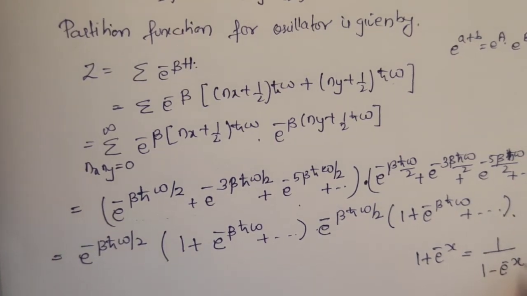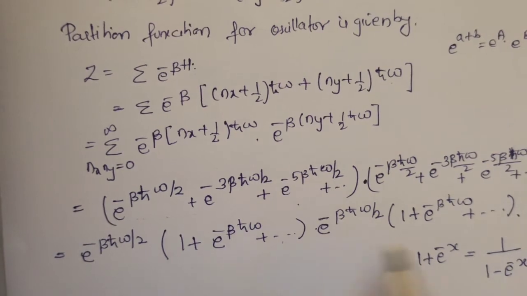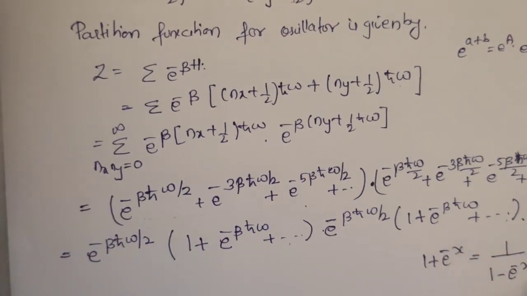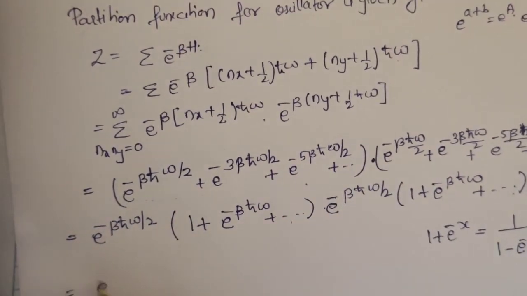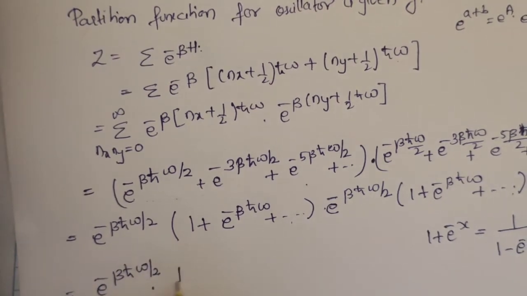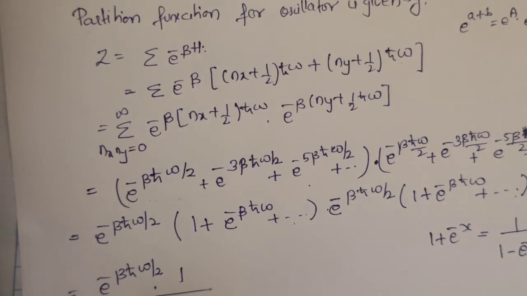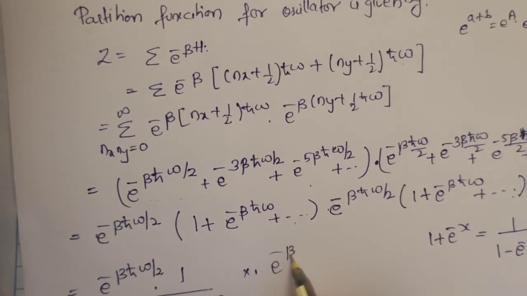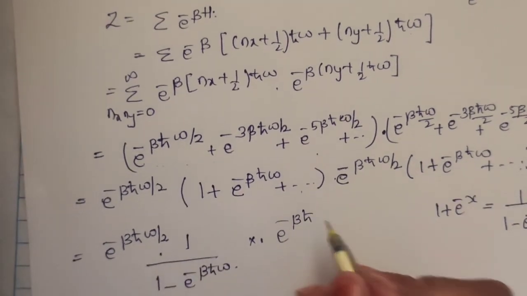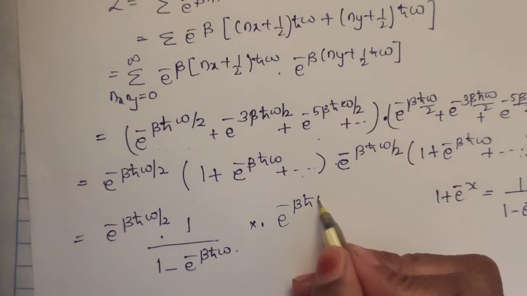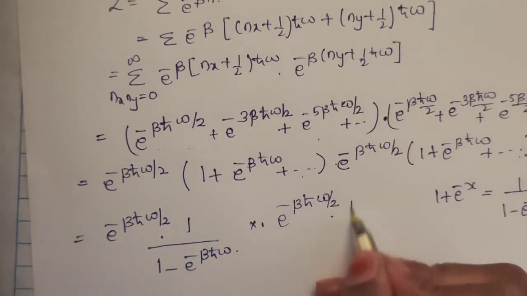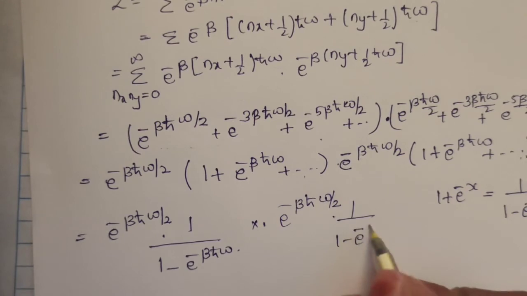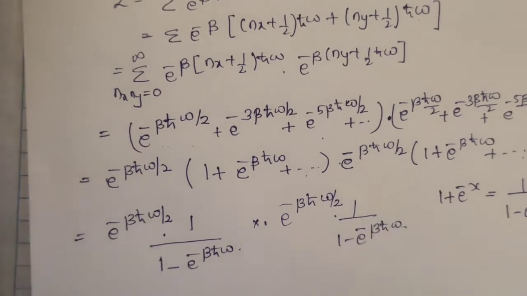Now I can represent this equation as e to the power of minus beta h cross omega by 2 times 1 divided by 1 minus e to the power of minus beta h cross omega, and similarly for the other term.